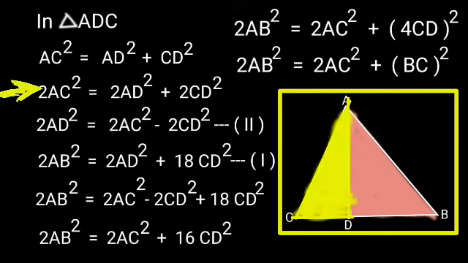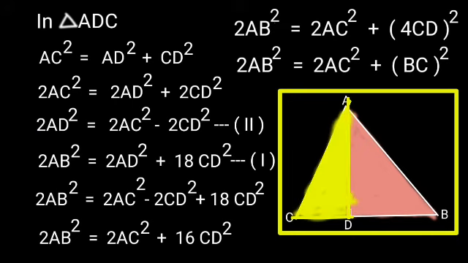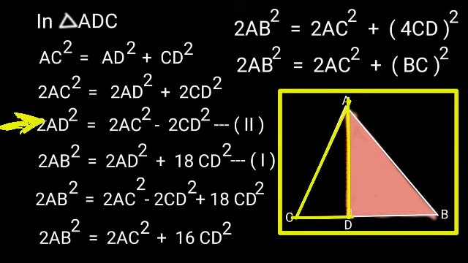Rearranging this equation, twice AD square is equal to twice AC square minus 2CD square, because this is our equation.